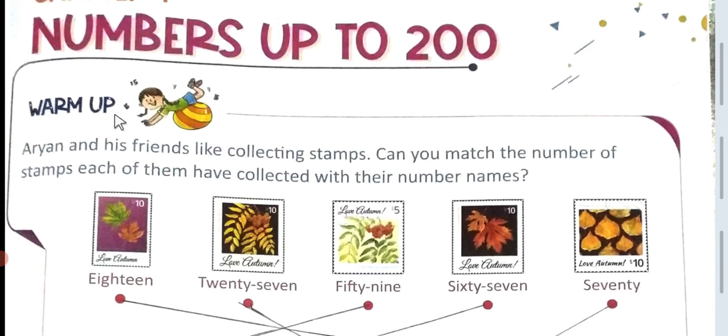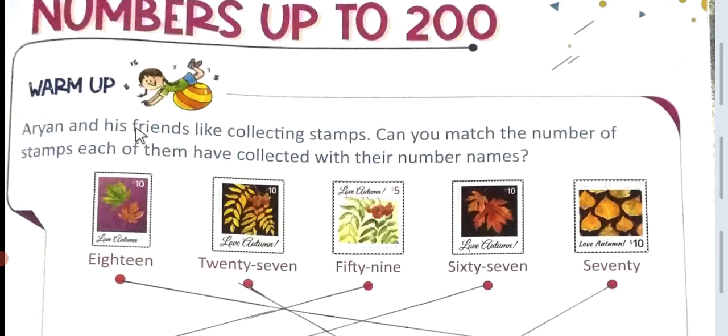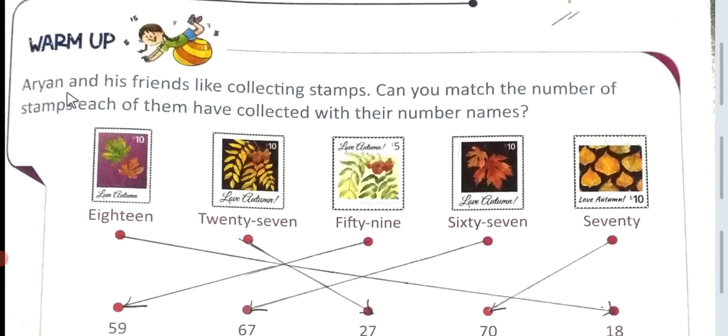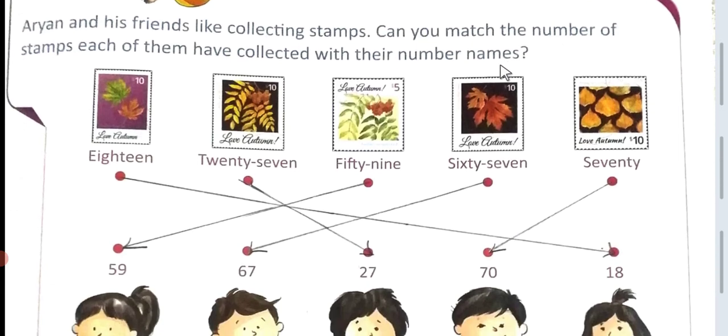So here a warm up exercise has been given to you on page number 9. So let's see. Aryan and his friends like collecting stamps. Can you match the numbers of stamps each of them have collected with their number names?